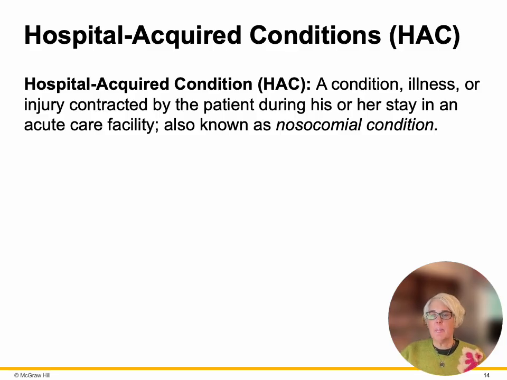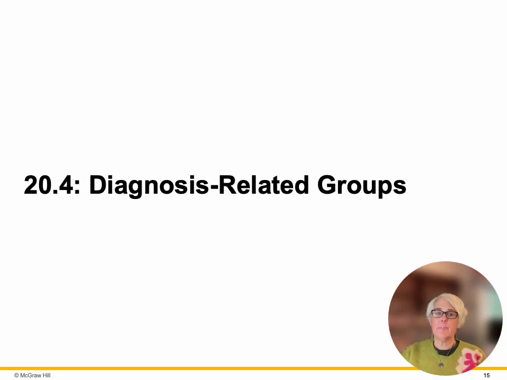That's why an accurate POA indicator and careful documentation are critical. Our coding directly impacts whether a condition is treated as a HAC. And a lot of times, if the payer denies payment based on a HAC, the hospital has to write that off. And so the hospital's bottom line suffers for that.